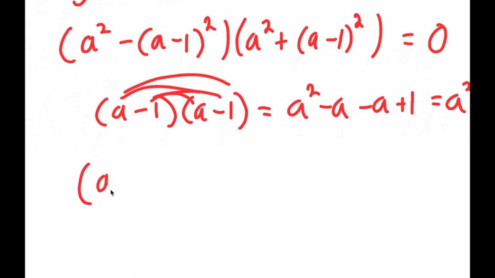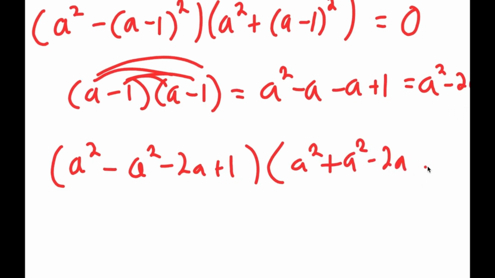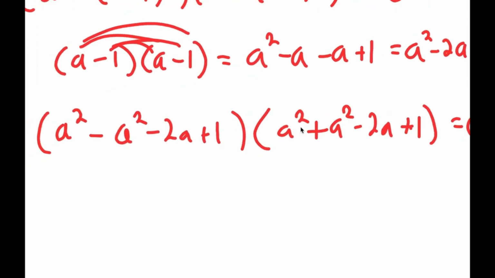So now I get a squared minus 2a plus 1, and then I have this times a squared plus a squared minus 2a plus 1 is equal to 0.